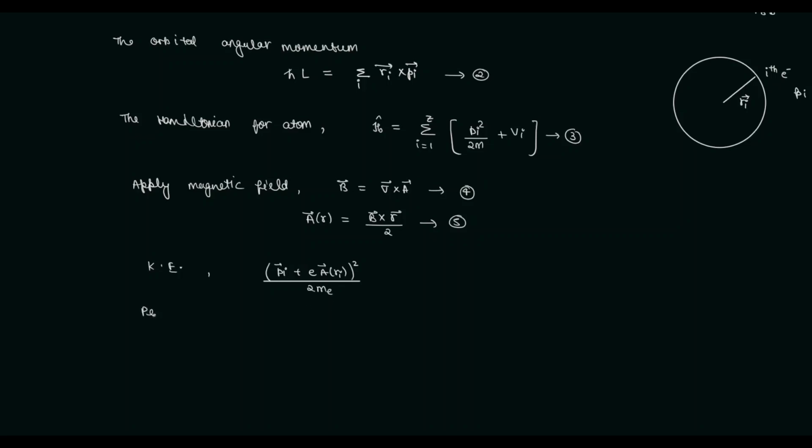Therefore, the perturbed Hamiltonian in the presence of an external magnetic field will become H equal to the new kinetic energy plus the interaction potential between the spin and magnetic field, given by the B dot S term.